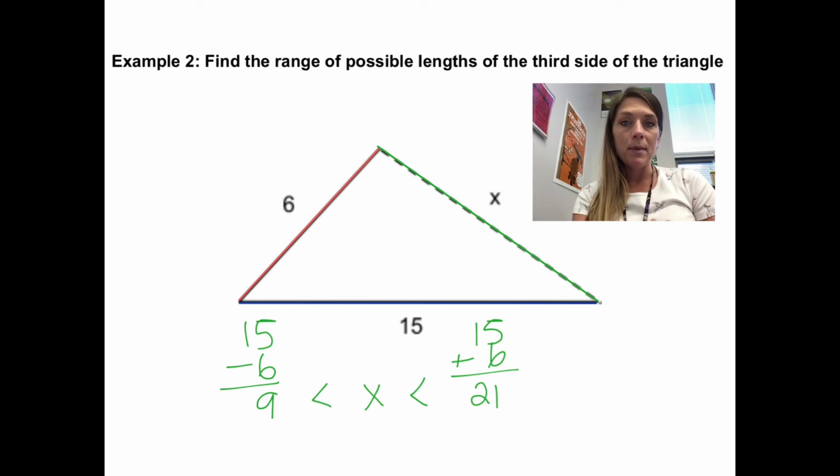It also cannot be any bigger in this example than 20.99999. It cannot even actually be 21. Otherwise, the 6 and the 15 won't work when they're trying to create a triangle there. So subtract them for that smaller value, add them for the bigger value. That third side must be between there somewhere.